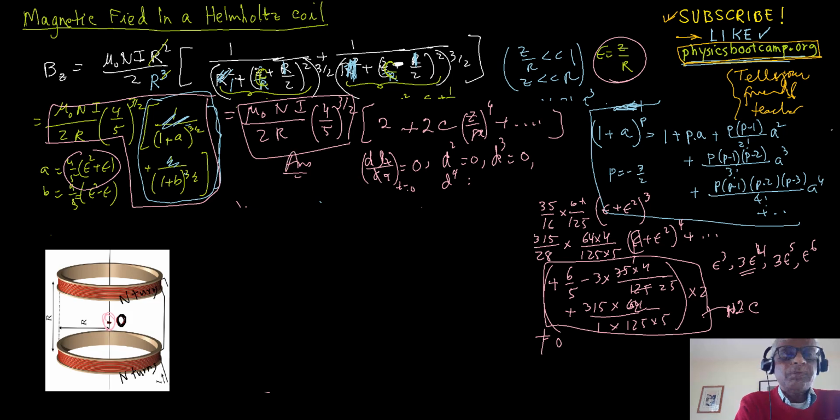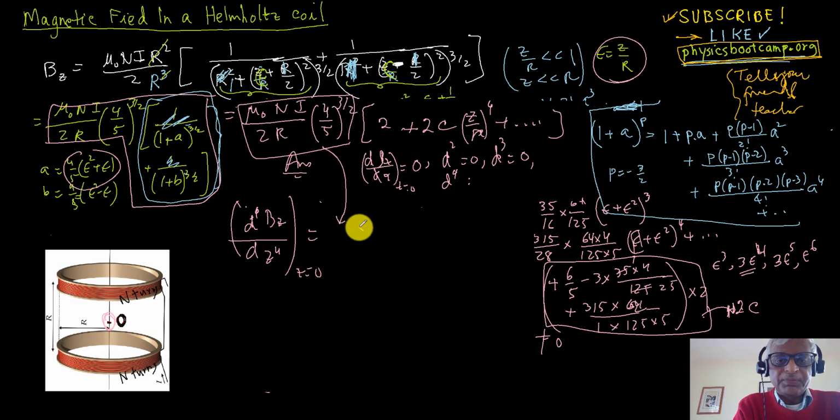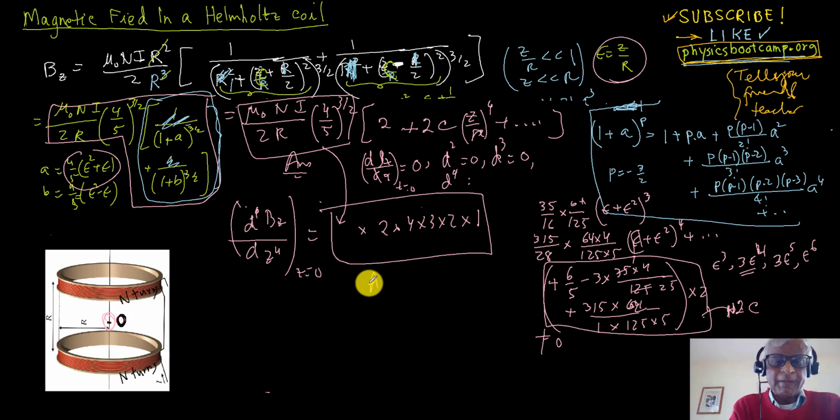So the fourth derivative, d4 Bz over dz to the power 4 at z equal to 0, is going to be this stuff times 2 times 4 times 3 times 2 times 1. Because I take 4 derivatives, all of this z to the 4 power goes away, and that is the answer for the fourth derivative.